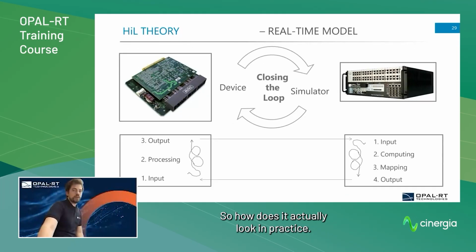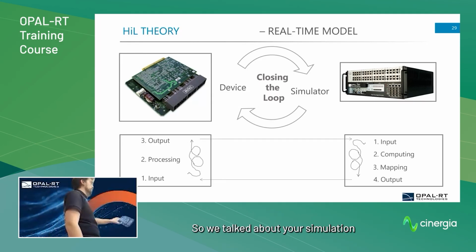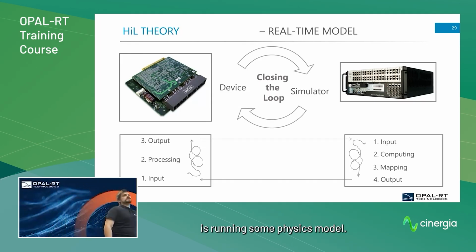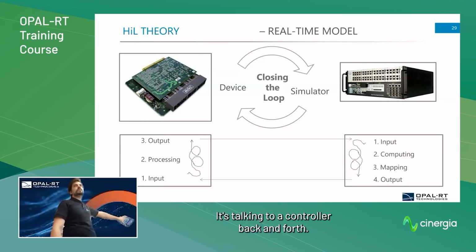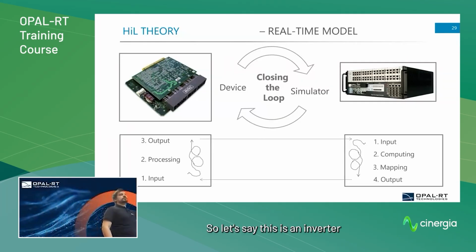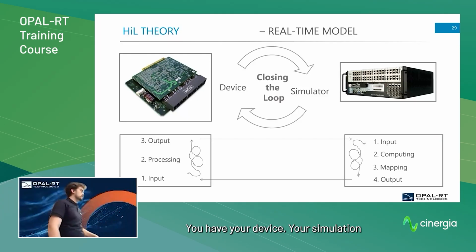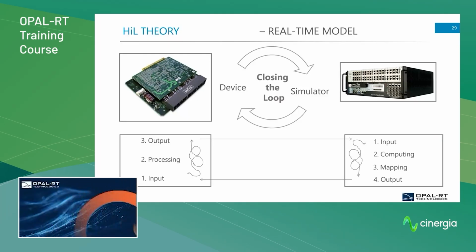So how does it actually look in practice? So we talked about your simulation running some physics model. It's talking to a controller back and forth. So let's say this is an inverter or whatever it might be. You have your device. Your simulation is going to read inputs, for instance, the PWM signal. It'll take in that PWM signal.